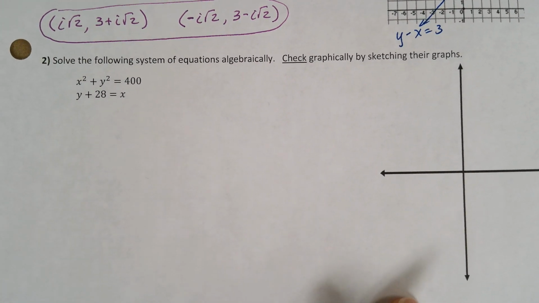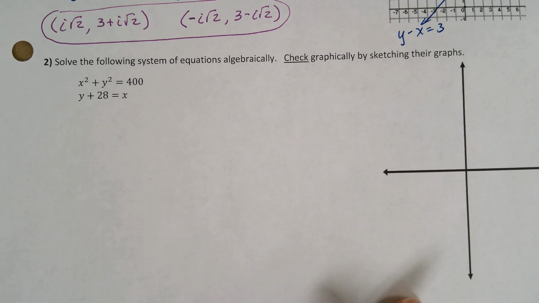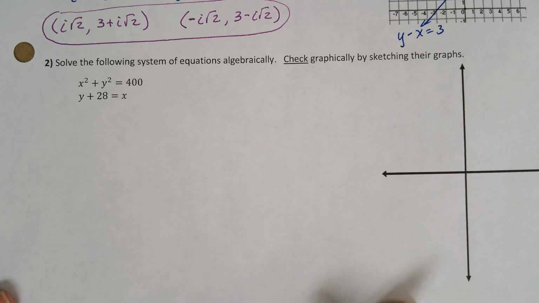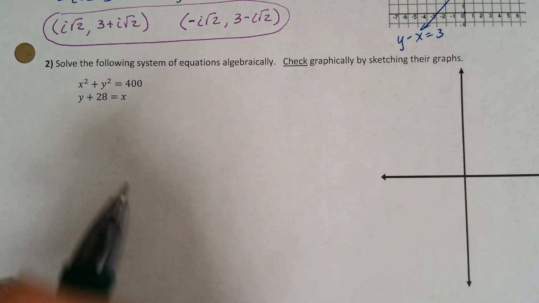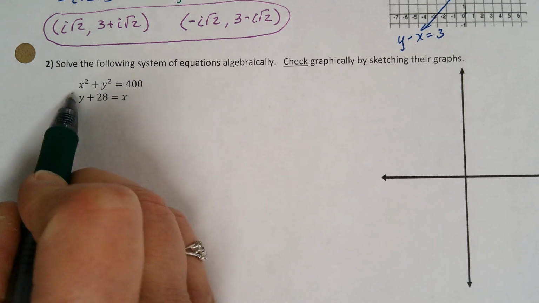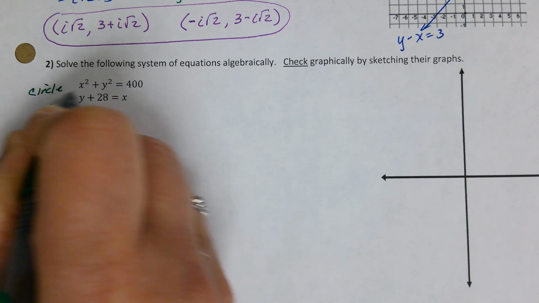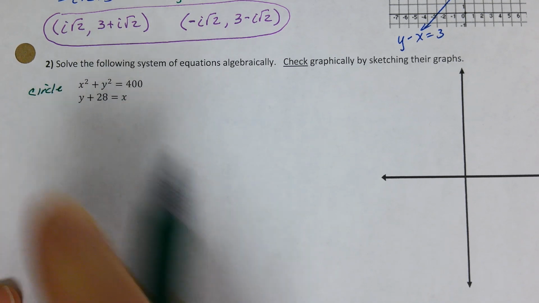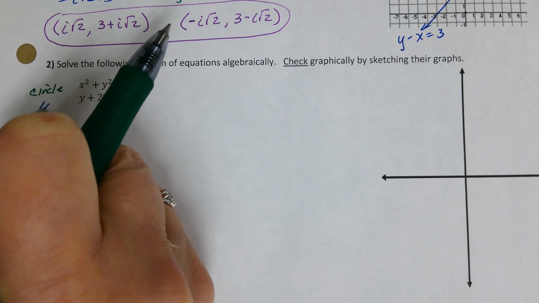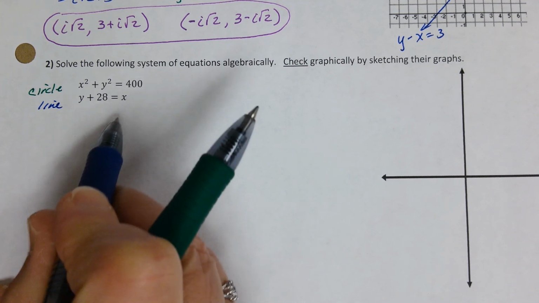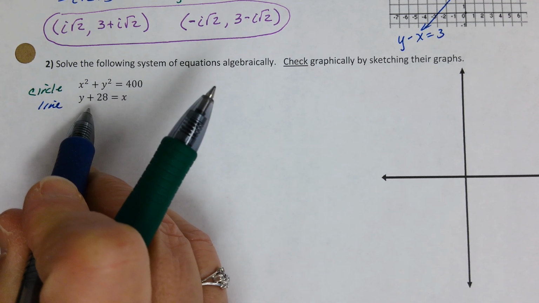Number 2, solve the following system of equations algebraically. Check graphically by sketching their graphs. This is a circle. So this is our quadratic. This is our line. X is already by itself.